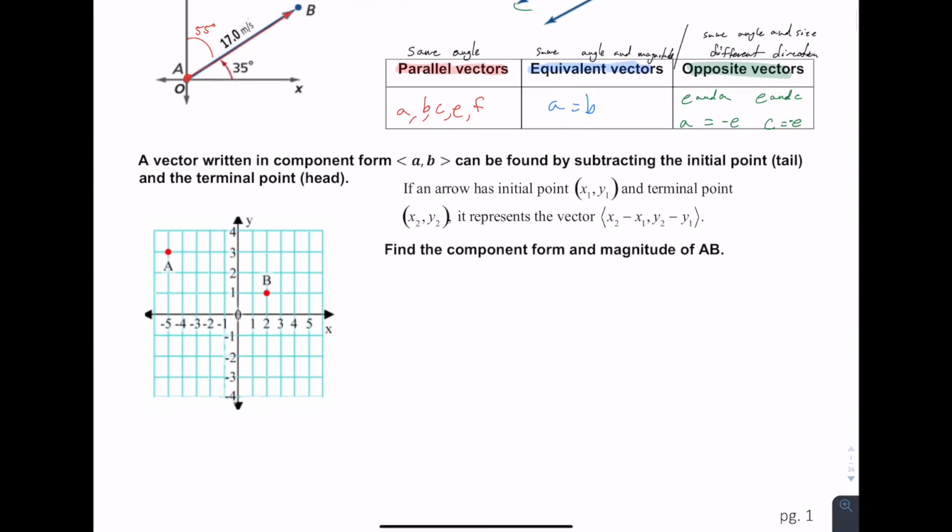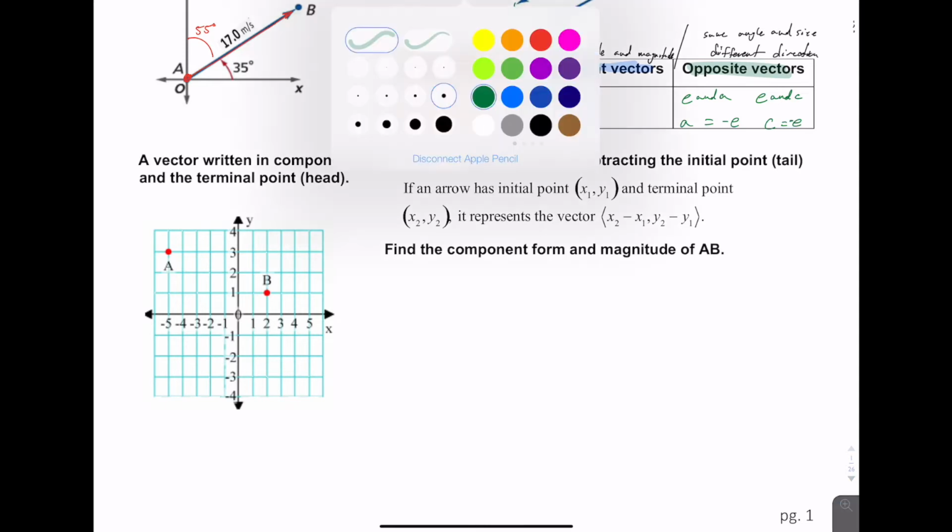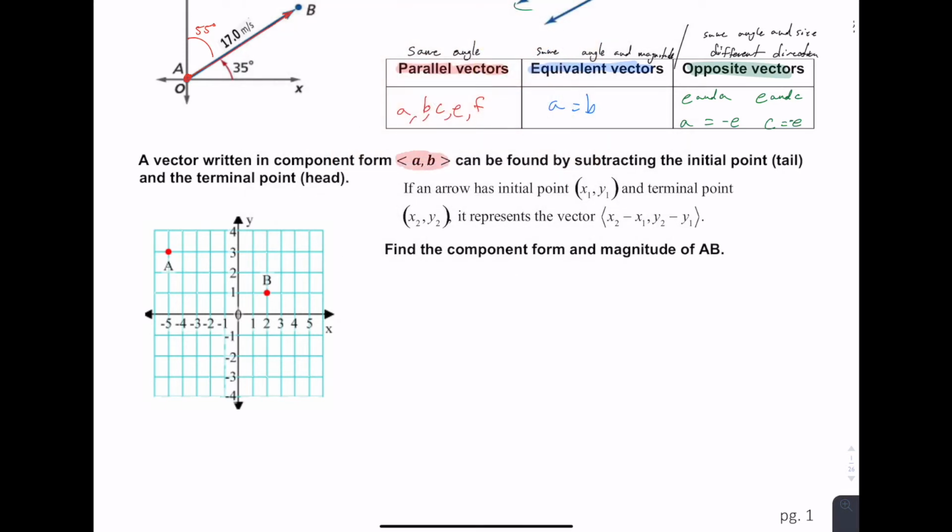So now let's get an example on this next part right here. A vector written in component form, which is right here, is how you want to write it. I'll do it in red. The triangle brackets, a comma b, can be found by subtracting the initial point, which is the tail, from the terminal point, which is the head.